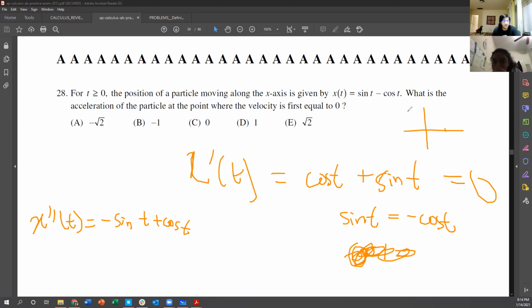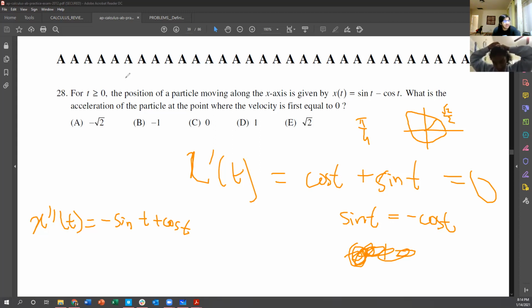So in the unit circle, sine equals cos at pi over 4. Right? Is it half? At pi over 4, it would be root 2 over 2. That's what they both equal. But at pi over 4, they're both equal to each other.